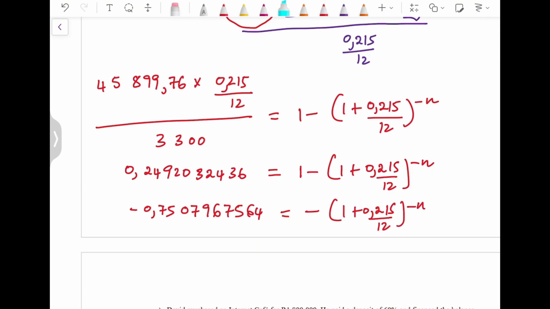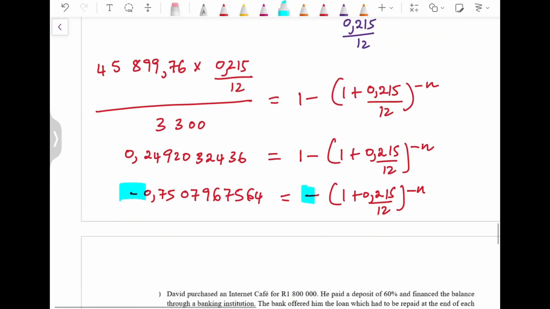Now I can see that I have negative on both sides, so I can just divide by negative 1. Then the negatives will go away.